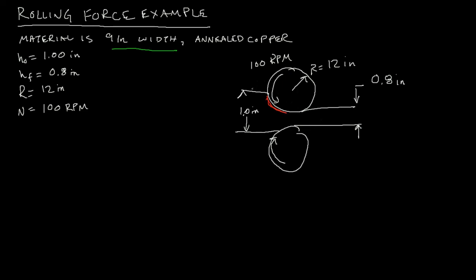We have a width of 9 inches. And then that's going to get multiplied by our average true stress. So let's write that formula out. F is equal to our contact length times our width times our average true stress.